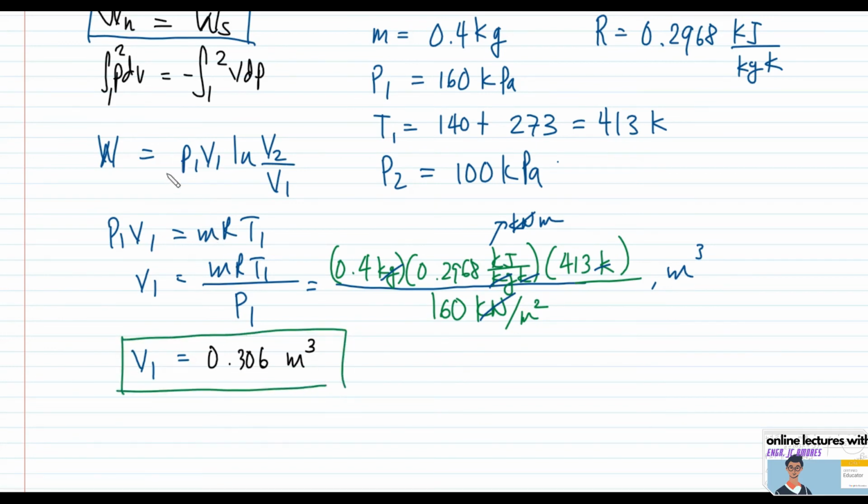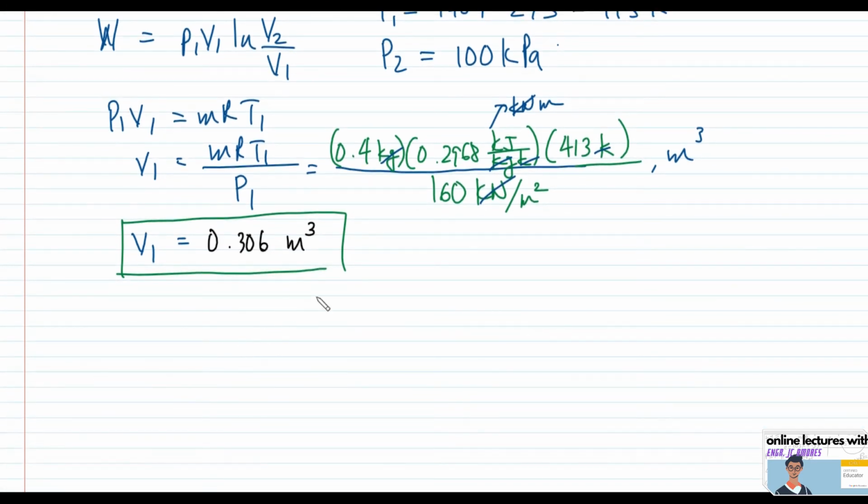So in our formula, we have P1, V1, and then ln V2 over V1. Now, we don't have to necessarily solve for V sub 2, because the alternative formula is that your work is equal to P1 V1, and we could replace V2 over V1 by P1 over P2.